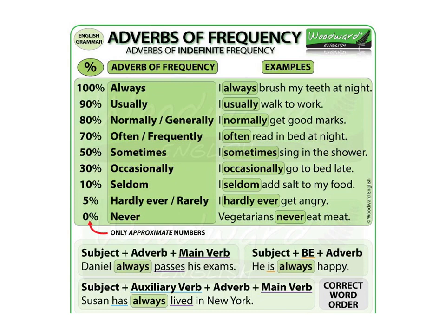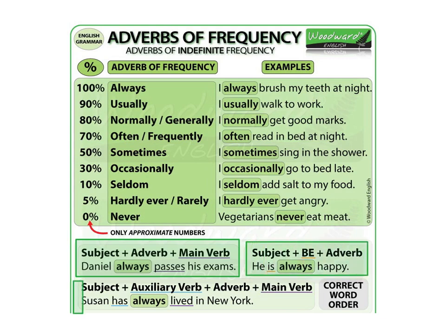Here is a chart that shows everything we just talked about. It shows all three types of sentences. We have this type, we have this type, and we have this type.